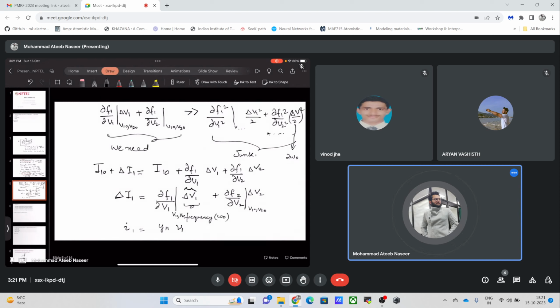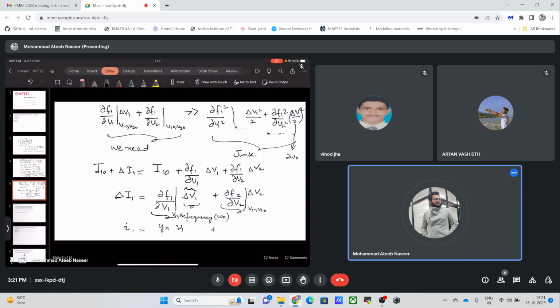This allows us to go into matrix form, and we will see that it is the Y matrix.